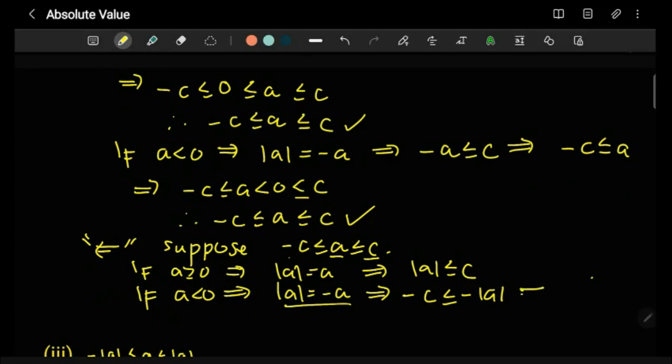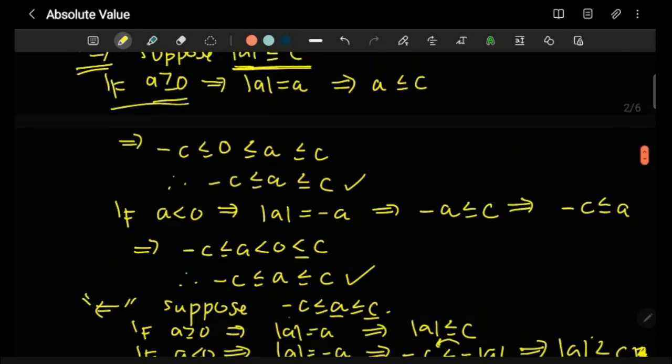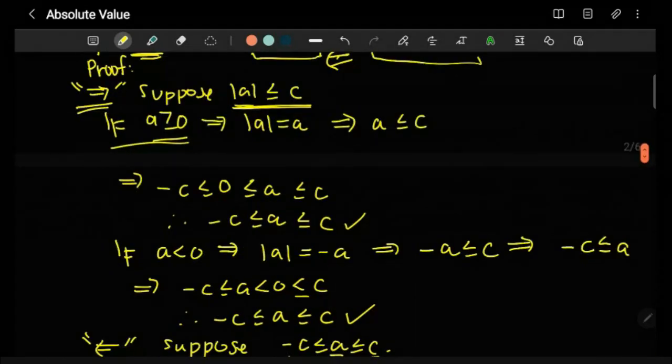But of course, this expression can be simplified. Yung C lilipat mo doon, yung A lilipat mo doon. So we have the absolute value of A less than or equal to C, which is what we want to show. So in both cases, the inequality holds, therefore we are done. Tapos na. Napakita natin yung both inequality, the necessary and the sufficient condition.